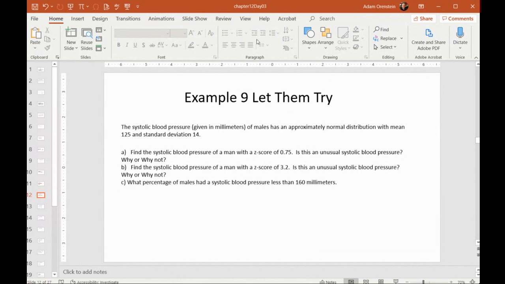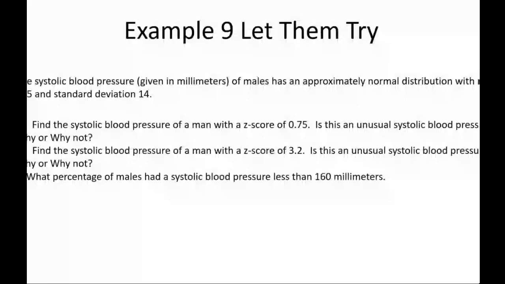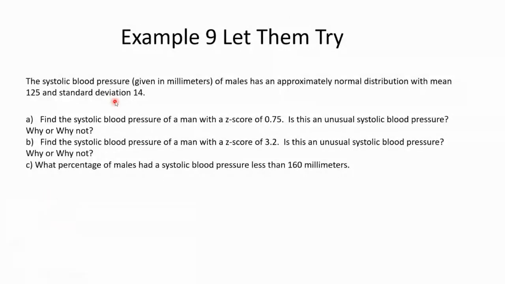And with a mean of 125, and the standard deviation is 14. What we want to do now is find the blood pressure of a man whose z-score is 0.75. So in other words, if the z-score is 0.75, what's the blood pressure going to be?